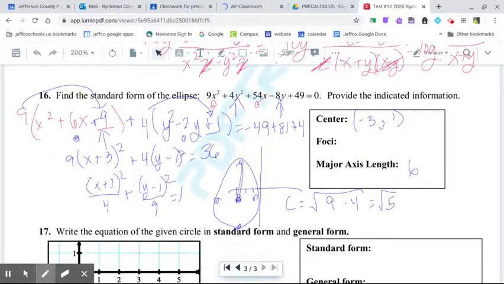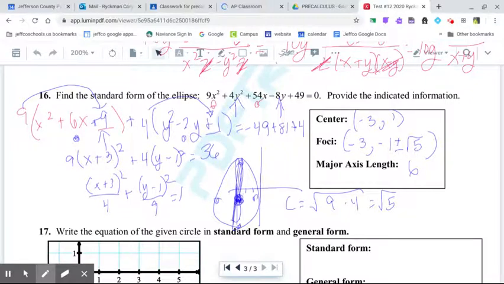And it's on the major axis. So as far as what will stay the same, what will be different, the x will stay the same. And from the y of 1, we're going to add and subtract root 5, sorry. So it's 1 plus or minus root 5 for the foci.